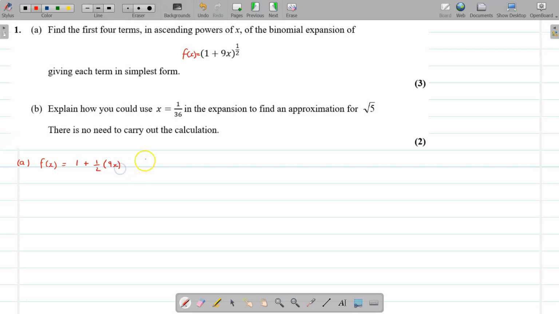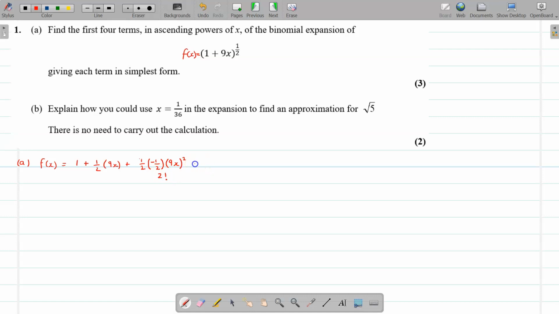Okay, and then I've got a half times negative a half, and that's n minus 1, you see, times the square of my x, which is the square of 9x, and all of that is over 2 factorial.